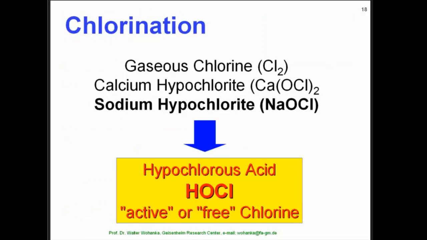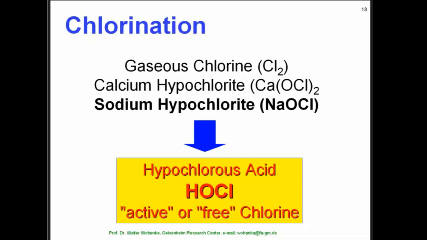Now let's deal with chlorination, a very well-known technique to sanitize drinking water, pool water, and irrigation water as well. Generally, chlorine can be applied as chlorine gas or as solutions of so-called hypochlorites, sodium hypochlorite in particular.